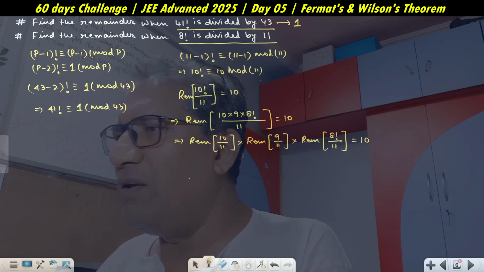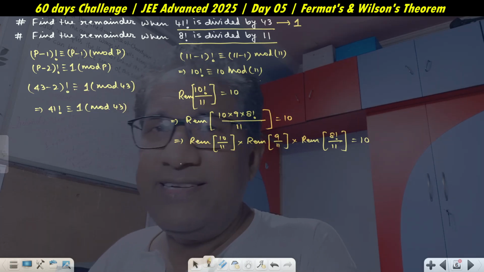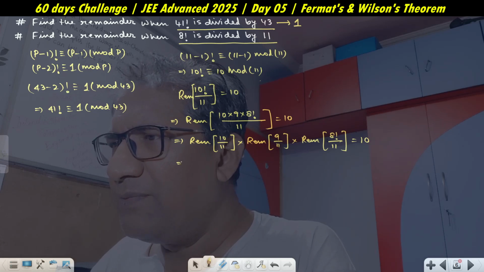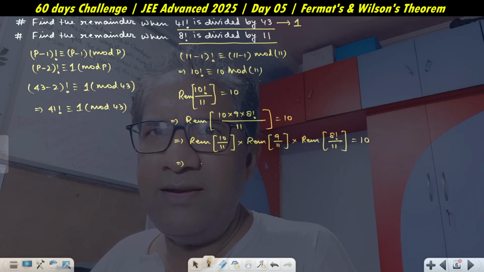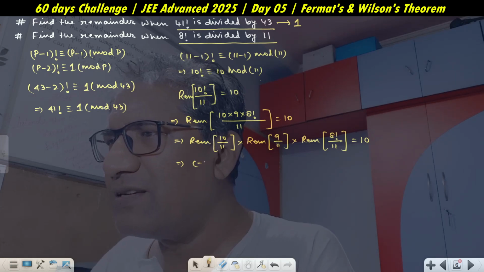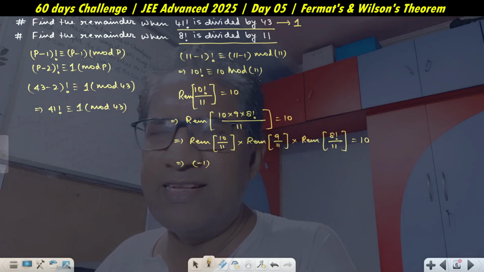But the answer will be 10. When 10 is divided by 11, the remainder is 10, which can also be written as minus 1. The remainder will be minus 1.